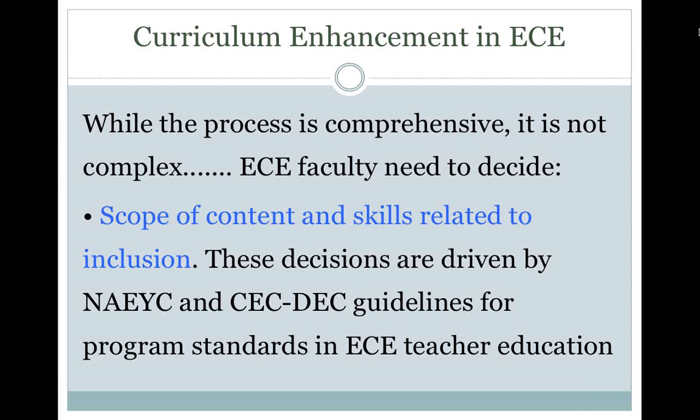Both of those organizations, the largest advocacy organizations for early childhood and for early childhood special education and early intervention, respectively, created these guidelines jointly. So in a sense, we can run, but we can't hide. Our guiding professional advocacy organizations have collaborated in developing a set of unified standards to guide our direction as preparers of future teachers.